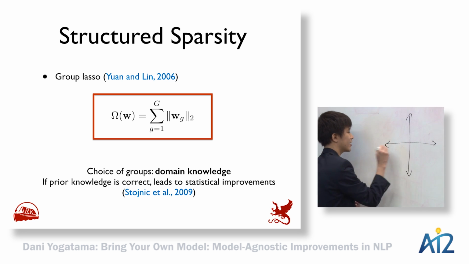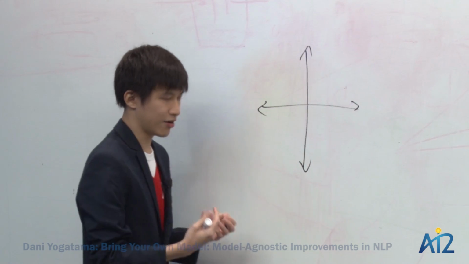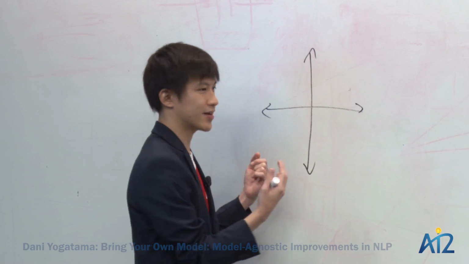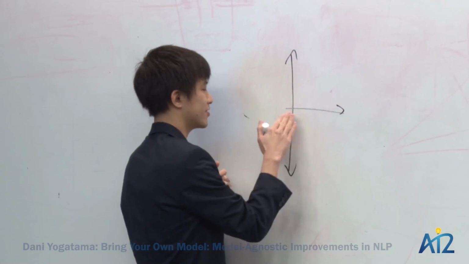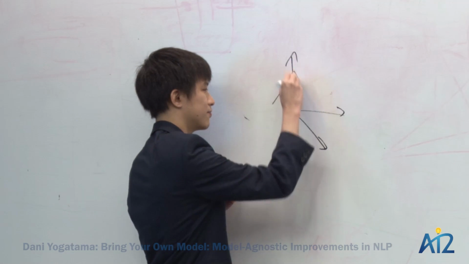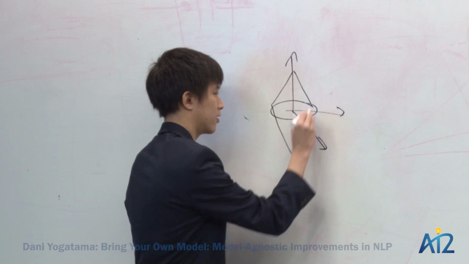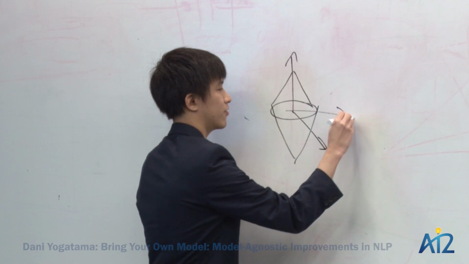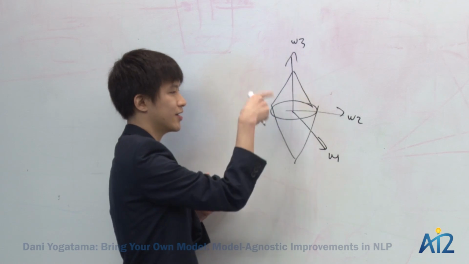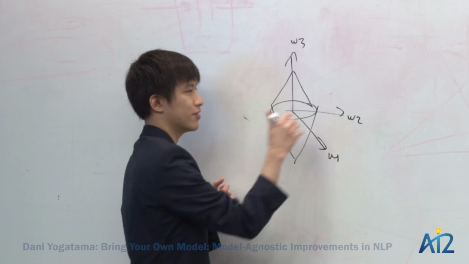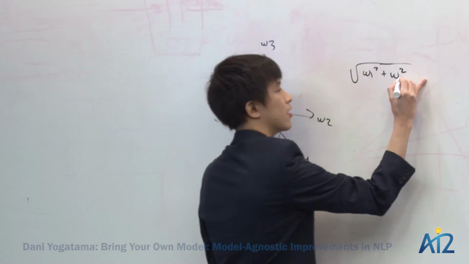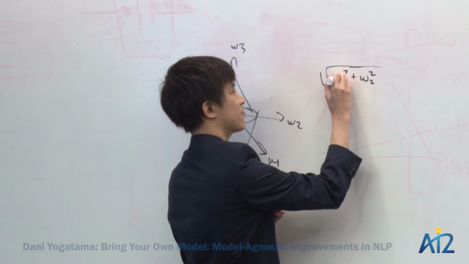If we write down the optimization problem, we can write it as minimize an objective function subject to a constraint, right? In the three-dimensional case, the constraint will look something like this. Let's say we have 3 features, W1, W2, and W3. And let's say W1 and W2 is a group, so we'll penalize like that. Oh, my handwriting is terrible.